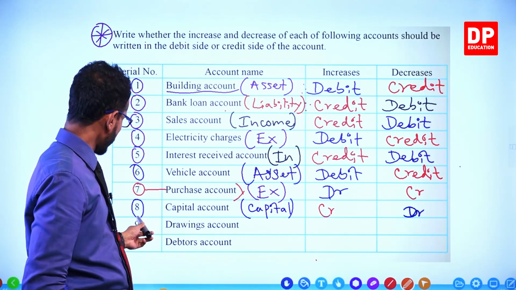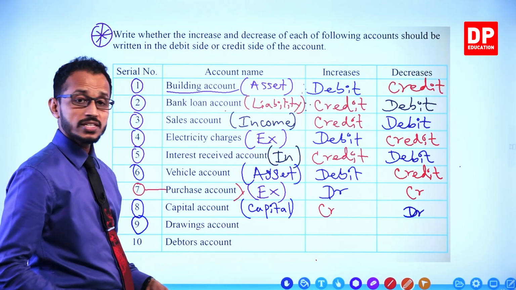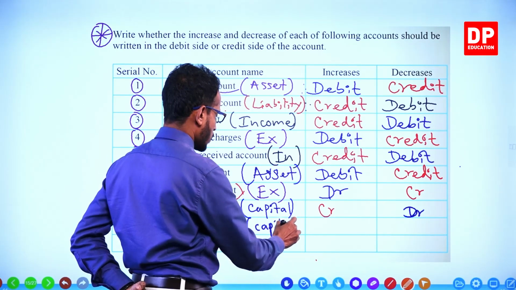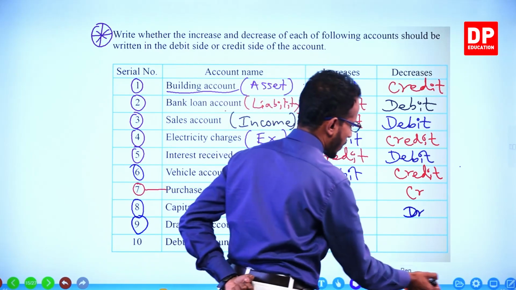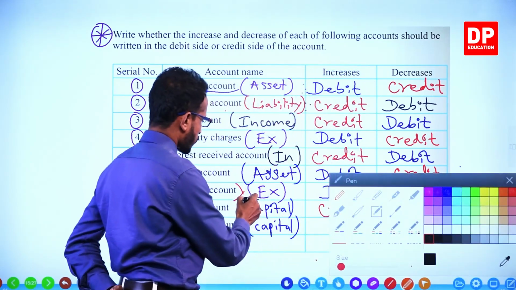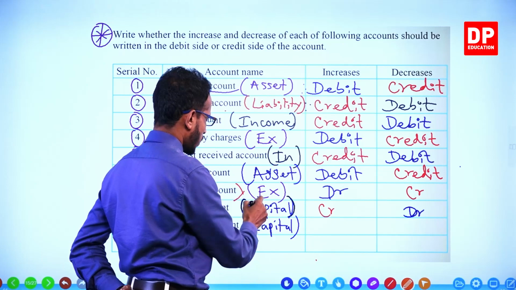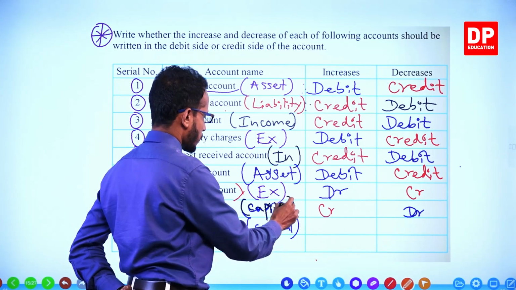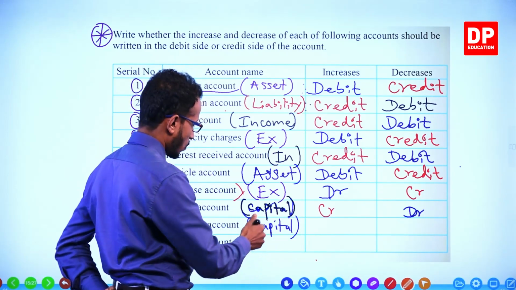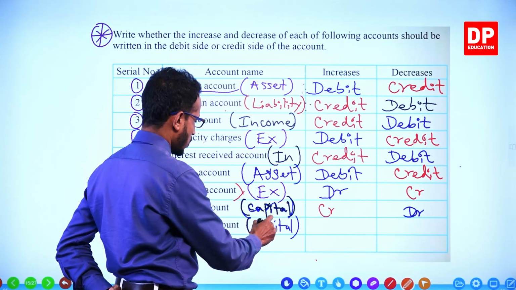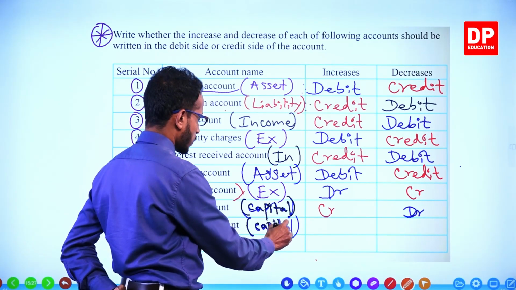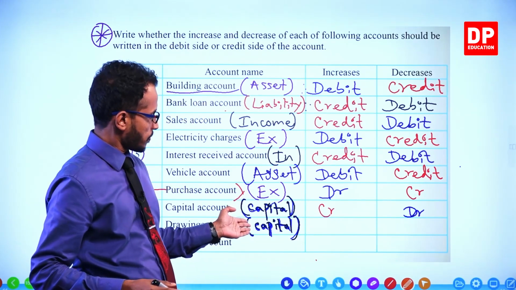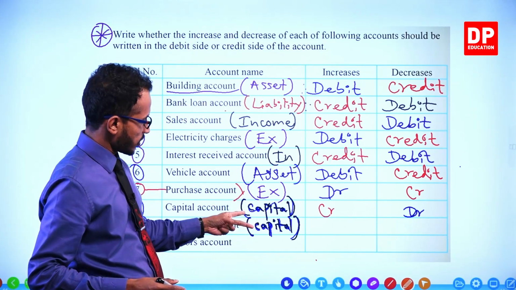We have drawings account next. Drawings account is a capital account. Most probably these two are the only capital accounts that you will get, children, in your O-level days: the capital account and the drawings account. Only these two.